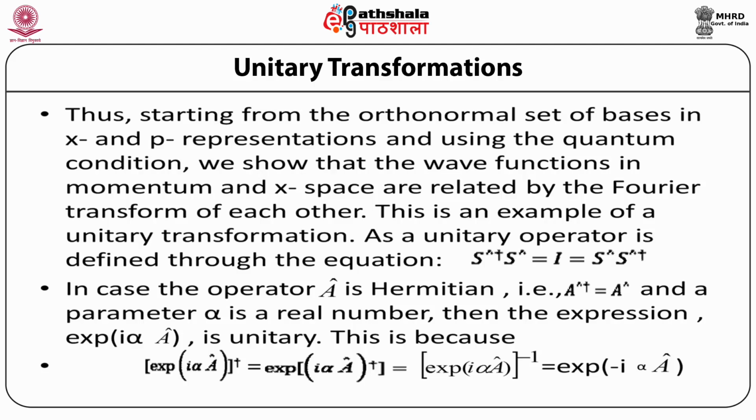In case the operator A is Hermitian, that is, operator A dagger is equal to operator A, that is, the operator A is equal to its adjoint, and we have a parameter alpha which is a real number, then the expression exponential i alpha operator A is unitary.